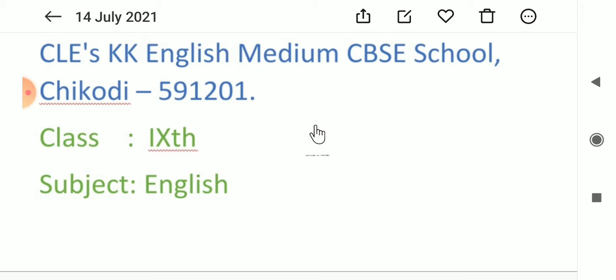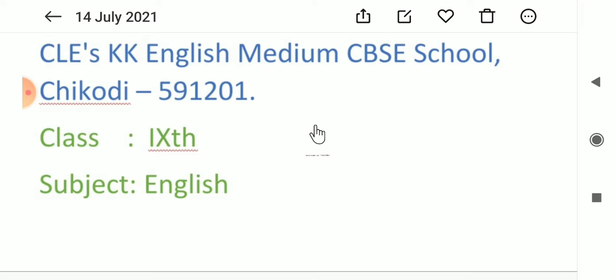So NCERT textbooks are very useful for developing your vocabulary, knowledge, fluency, speaking and acting in a group of people. It will develop your personality skills in every sphere. So this is what you want to learn here through the NCERT textbook.